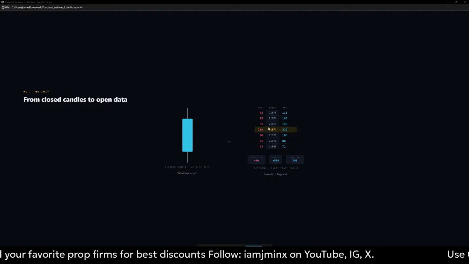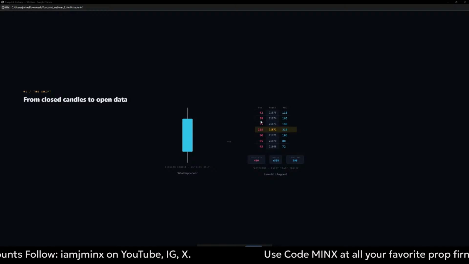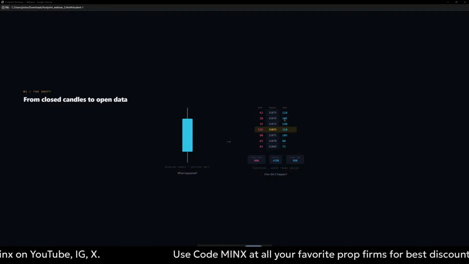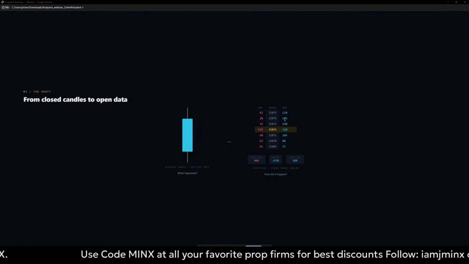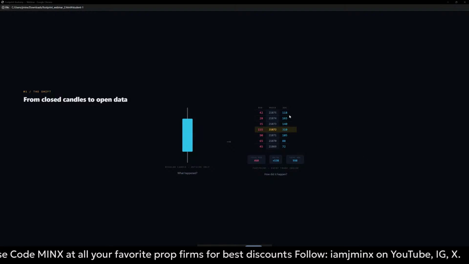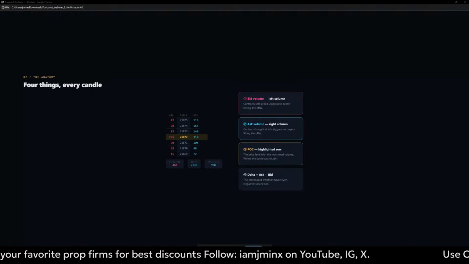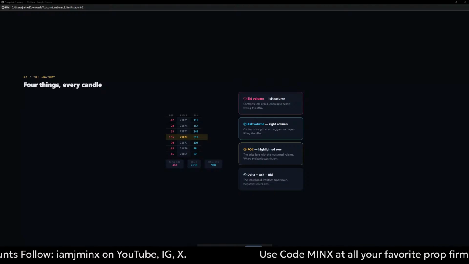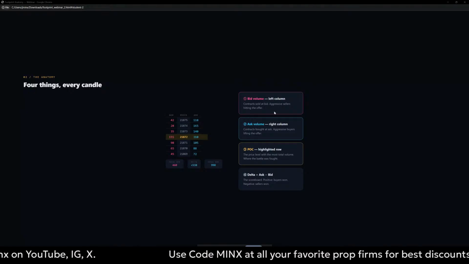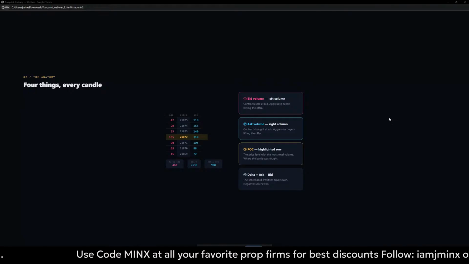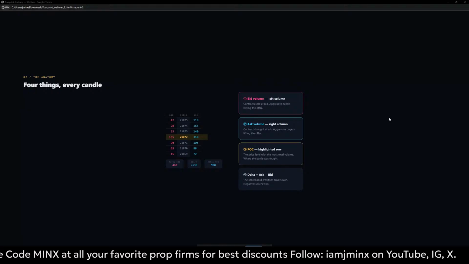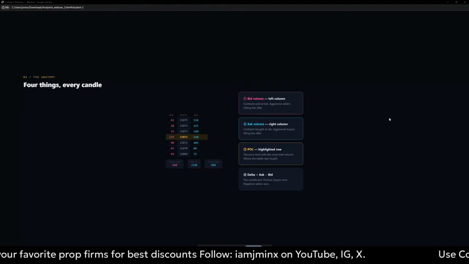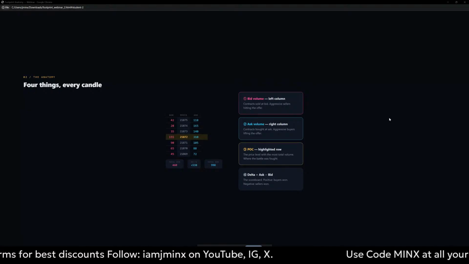It's the flip. So bid is aggressive sellers and ask is aggressive buyers. Every candle on the chart has bid volume on the left column, which are the sellers, and ask volume on the right column, which are the buyers.